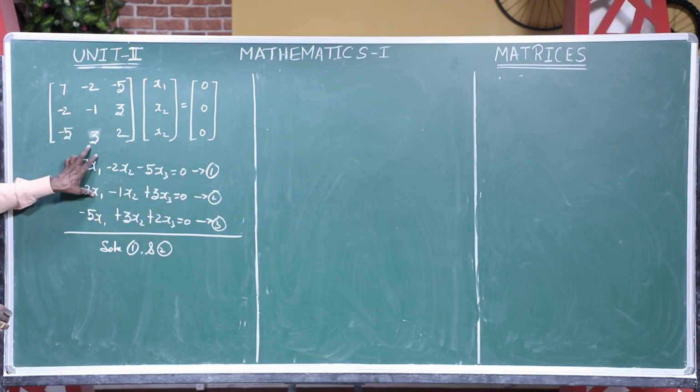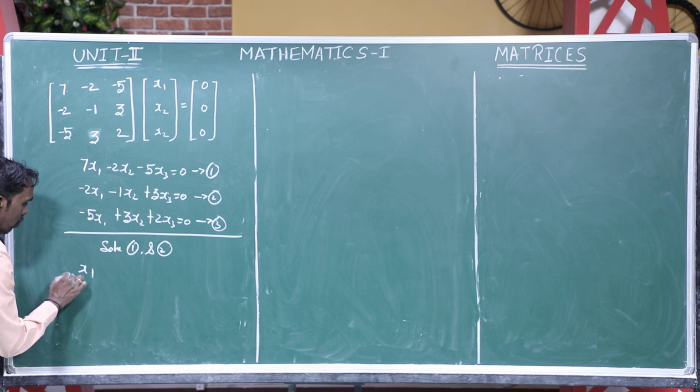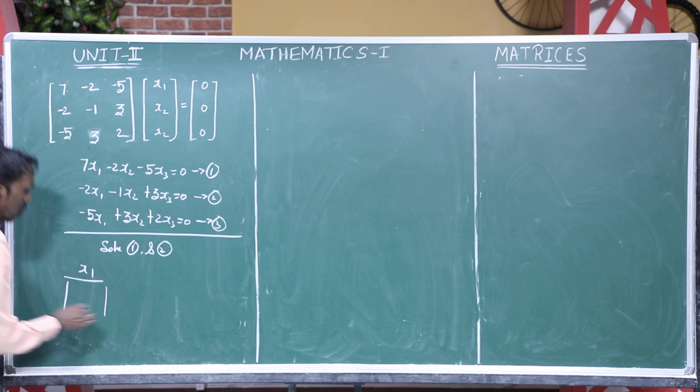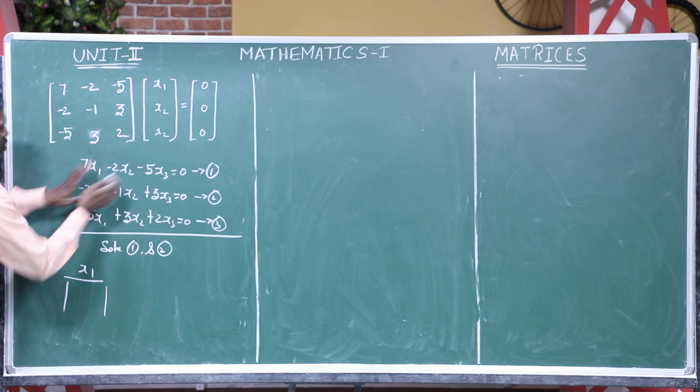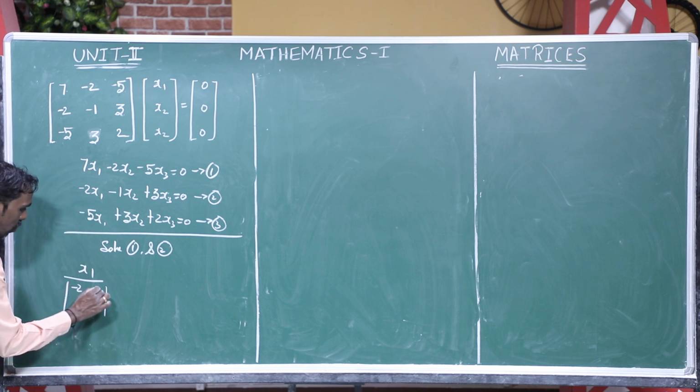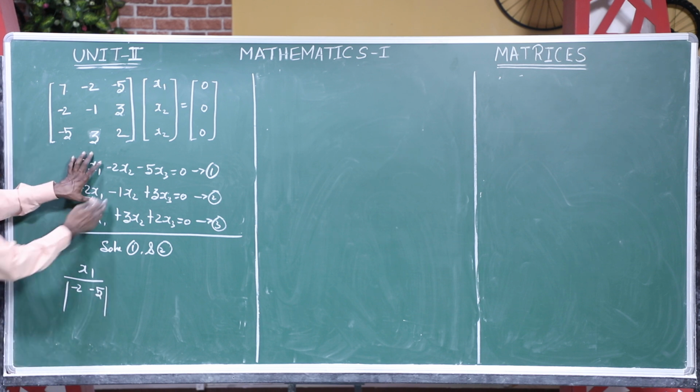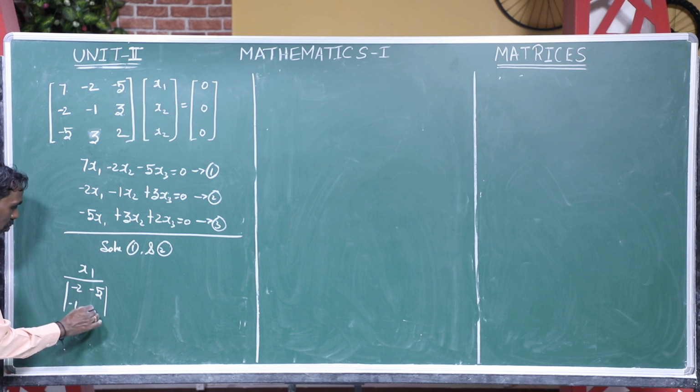So I can leave out the first row. Therefore here x1 by the determinant: minus 2, minus 5, then minus 1, 3.